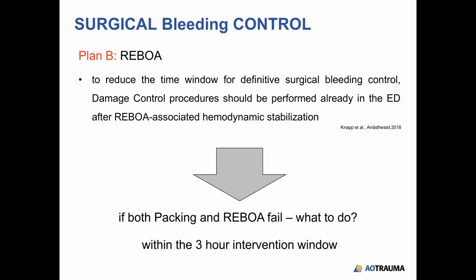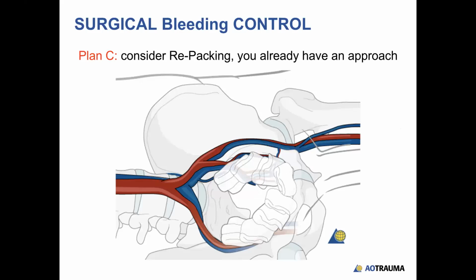So the question is, if both fail, what to do within our classical window of 3 hours intervention? We propose a repacking because normally at the initial time, you cannot see any veins, any arteries. You only have to pack because there's a tremendous amount of blood coming from the true pelvis into your surgical field.